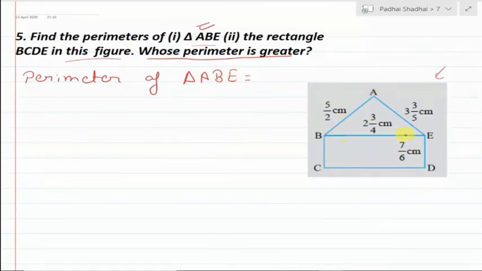Okay, so perimeter of triangle ABE, we can say AB plus BE plus AE. We will write down that AB plus BE plus AE. So perimeter of triangle ABE is equal to AB plus BE plus EA or AE, both are same, beta.